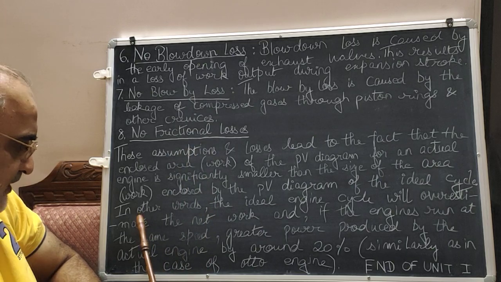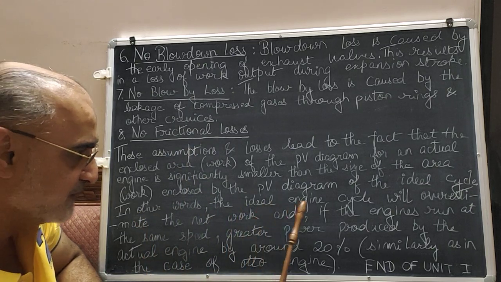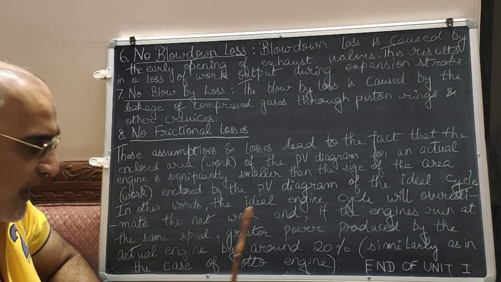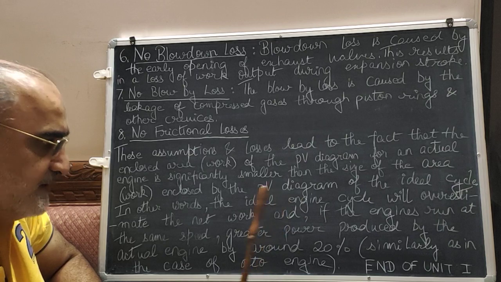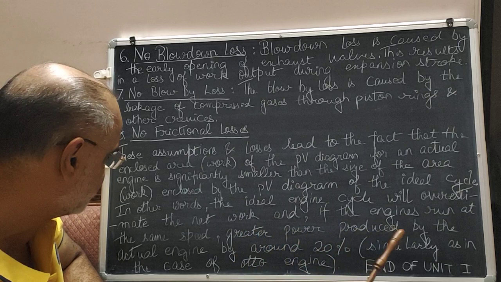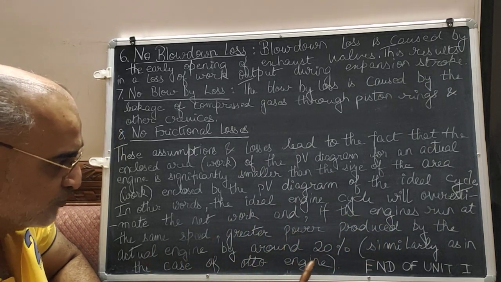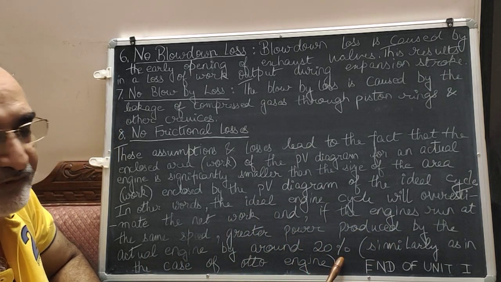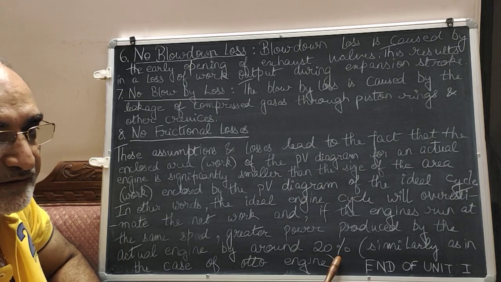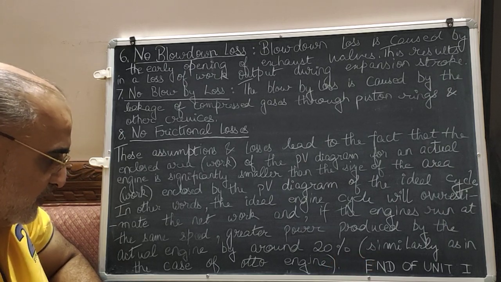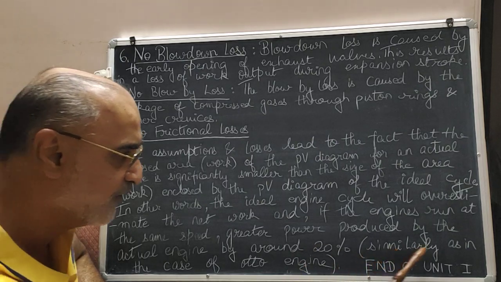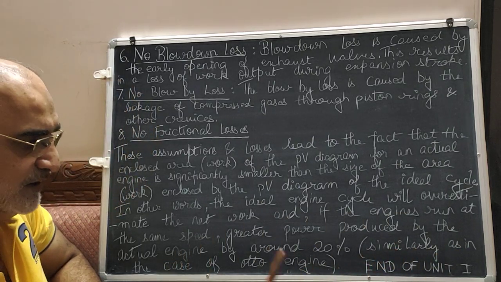In other words, the ideal engine cycle will overestimate the net work, and if the engine runs at the same speed, greater power is produced than by the actual engine by around 20%. That means the ideal cycle will produce about 20% more power than the actual cycle. The ideal cycle is never there. This is for the diesel engine, and it is almost the same for auto engines, that is the petrol engines.